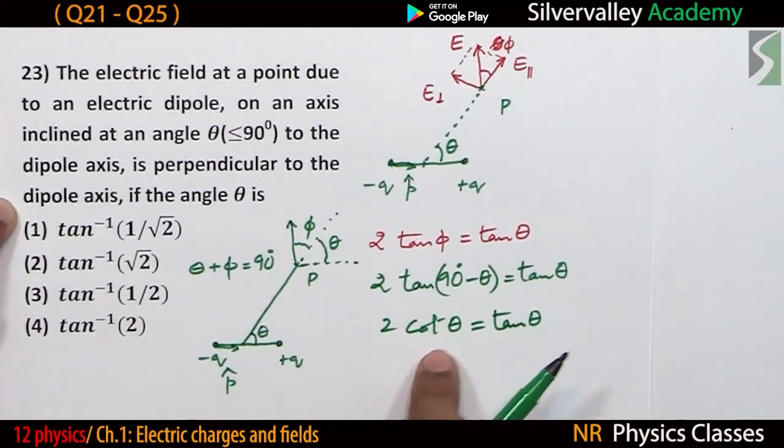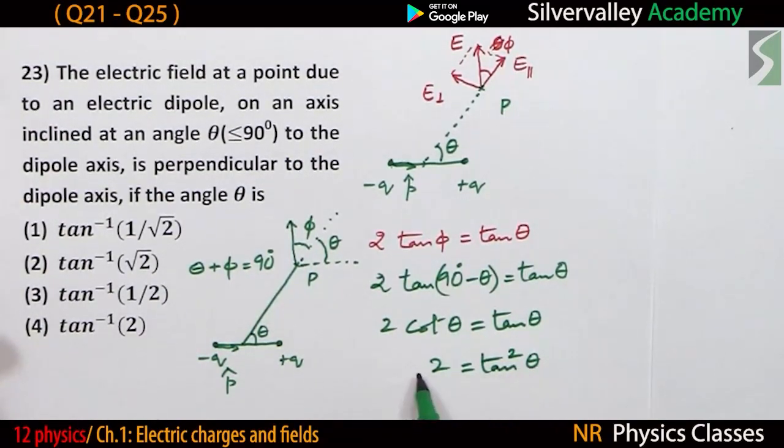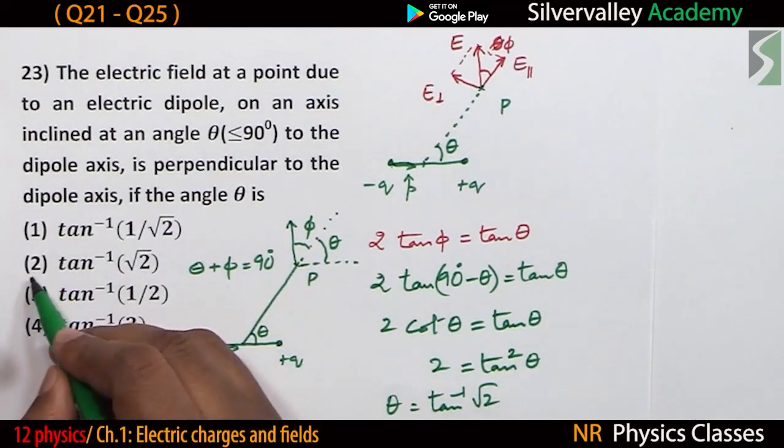Cot is 1 by tan, so tan square theta equal to 2. Therefore tan theta equal to root 2, theta equal to tan inverse of root 2.